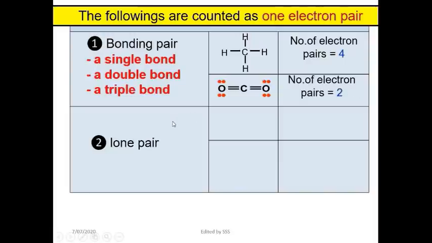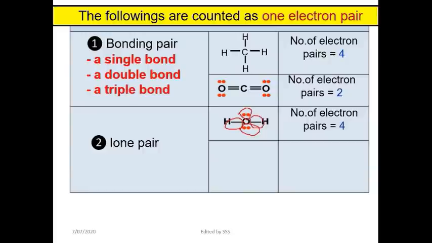And what happens when there is a lone pair? If we take a look here, the oxygen atom contains 2 lone pairs and 2 bonding pair electrons.